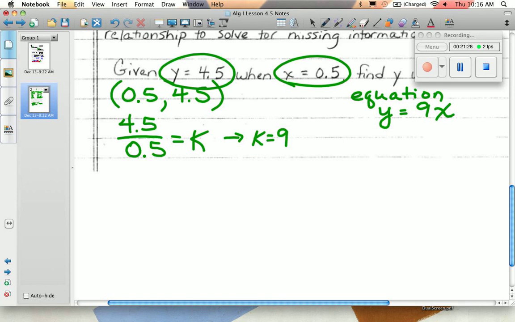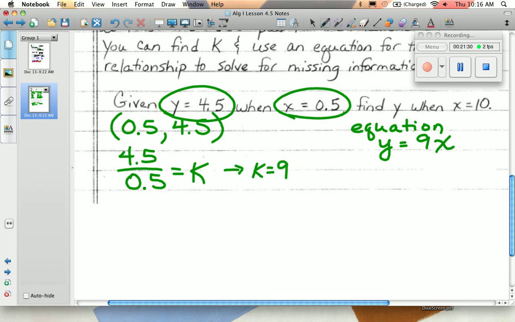Well, the next thing we're supposed to do is find y when x equals 10. So what do you suppose we can do with our equation? Replace x with 10 and get 90. So y equals 9 times 10, y equals 90.